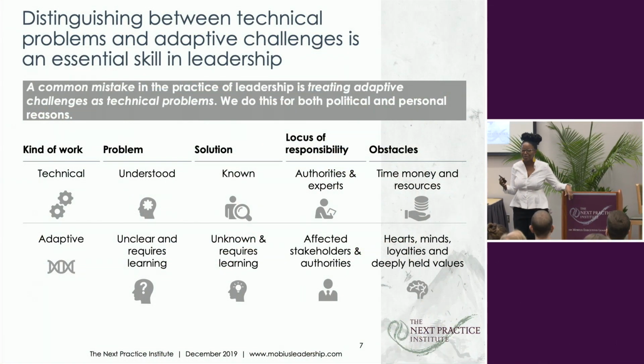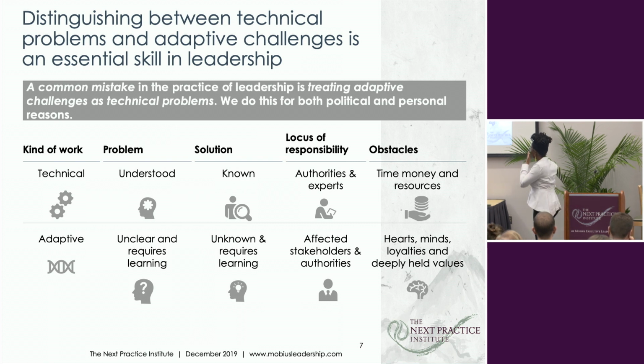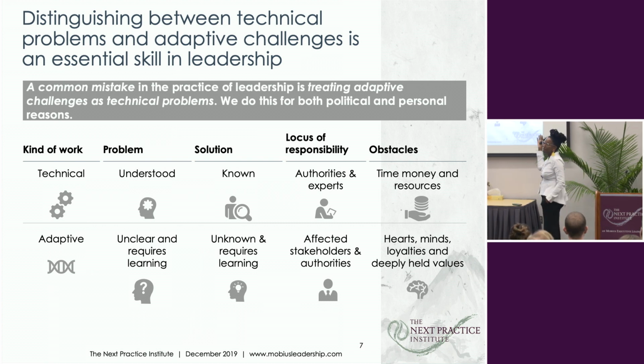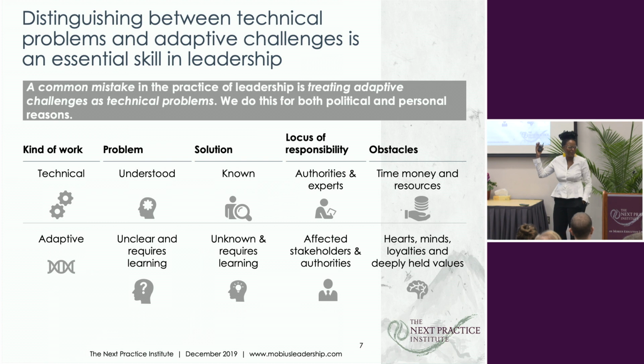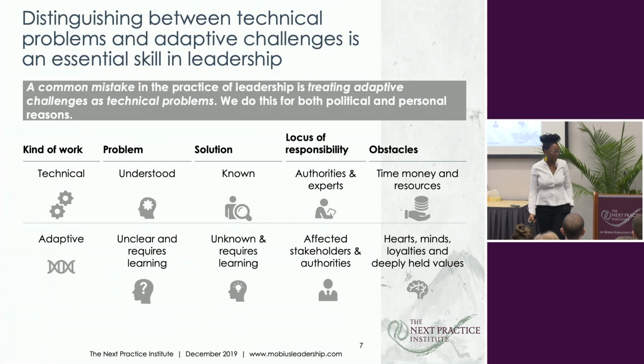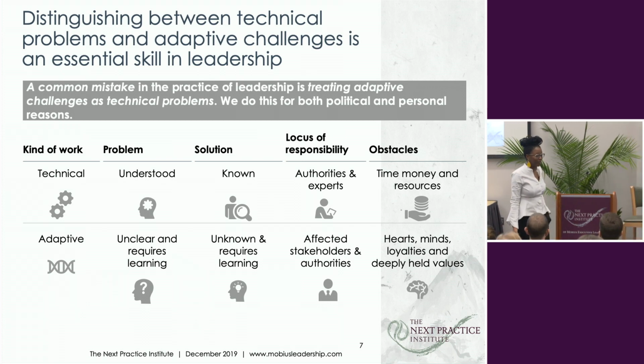And trying to predict people is like trying to predict the weather. So that line looks much more like a zigzag, and it just takes more time. So if in the first scenario you're using time and money to get from point A to point B, what you really need when you're working with adaptive challenges is to work in the hearts and the minds of people, to look at their loyalties and their really deeply held beliefs.